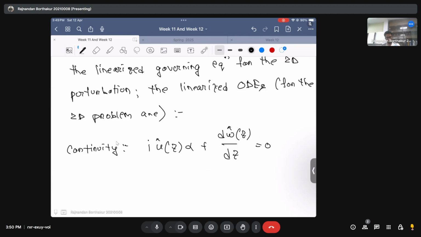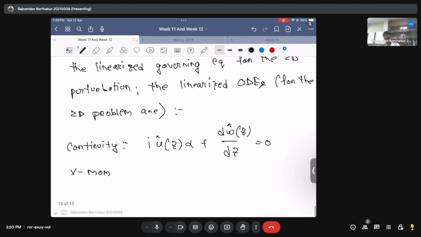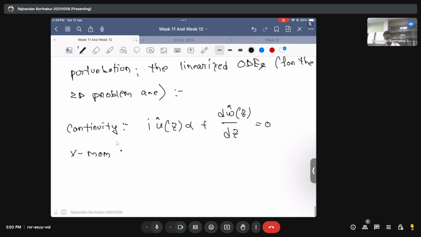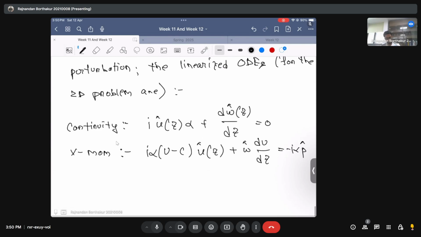That's the continuity. And the x momentum is I alpha times (u minus c) u hat of z plus w hat times du dz, equal to minus I alpha p hat, which is just a function of z.